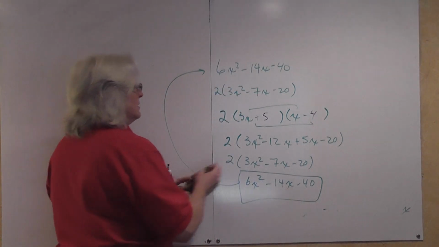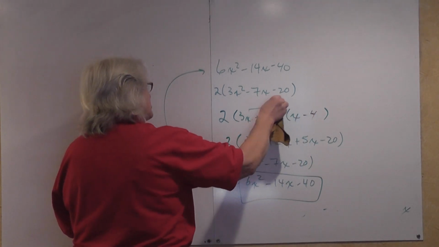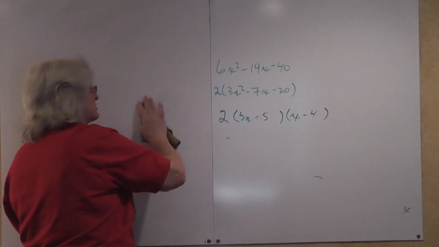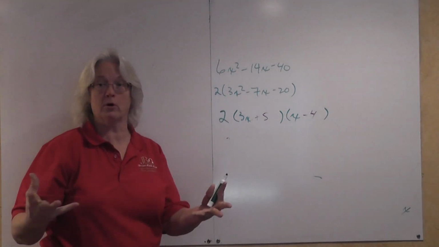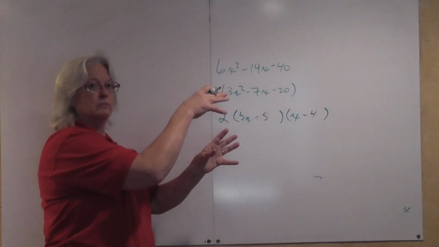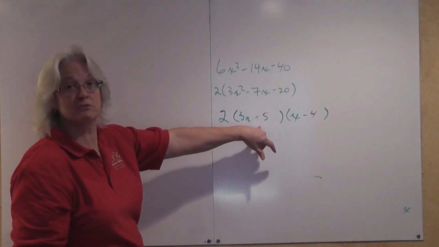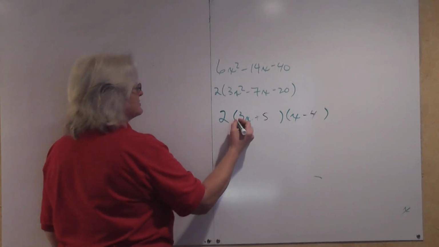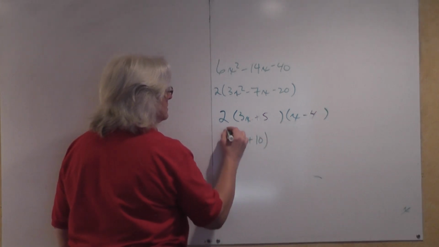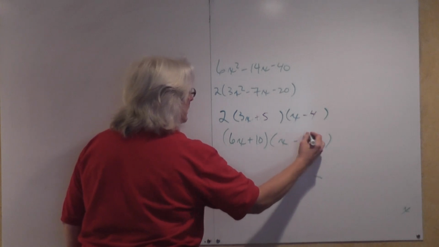So now, let me take just a second and illustrate for you what would have happened had we actually said, okay, I'm going to do my multiplication in order from left to right. Because what I did was I changed the order in my head. But let's just say 2 times 3x plus 5. 2 times 3x is 6x. 2 times 5 is 10. Now we have two binomials that we're multiplying together.